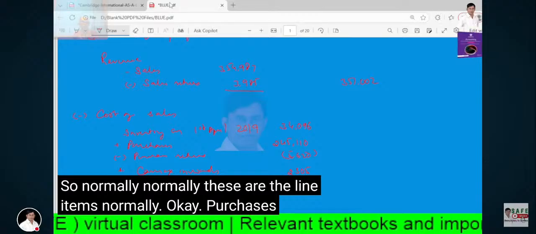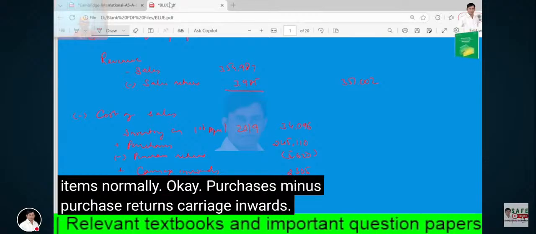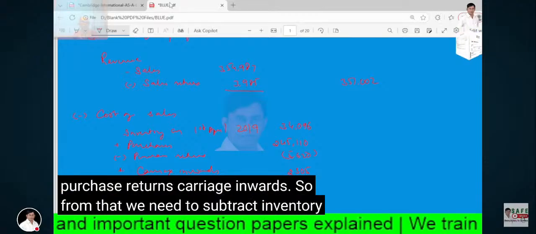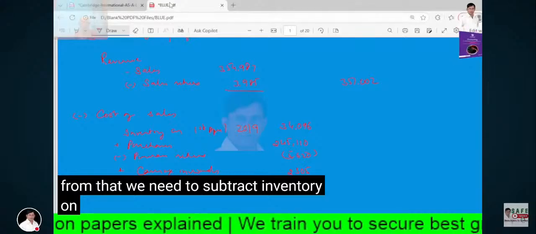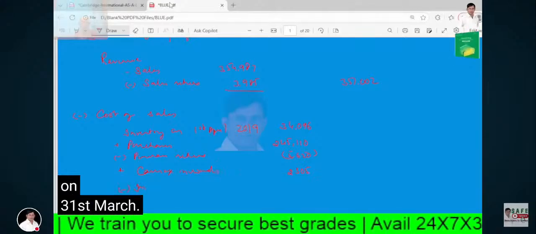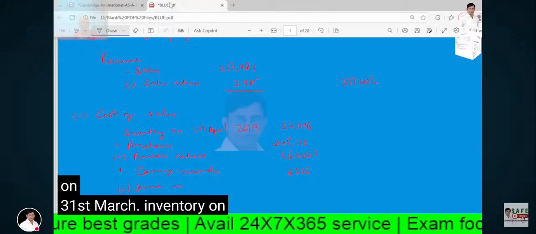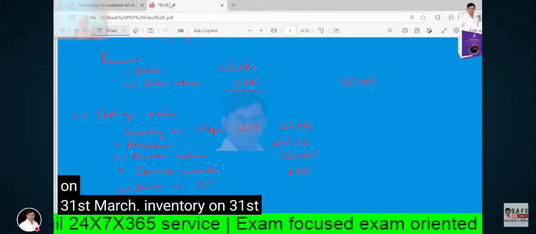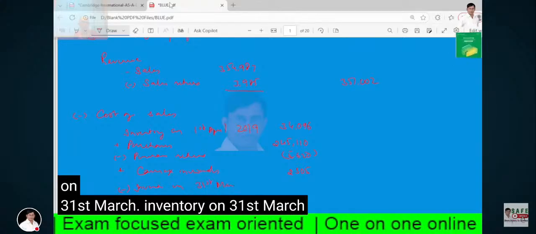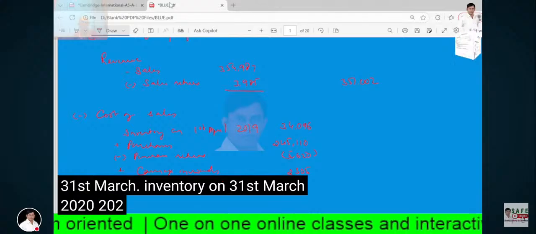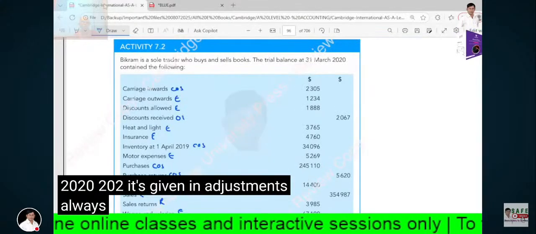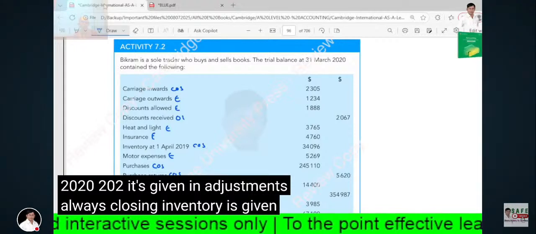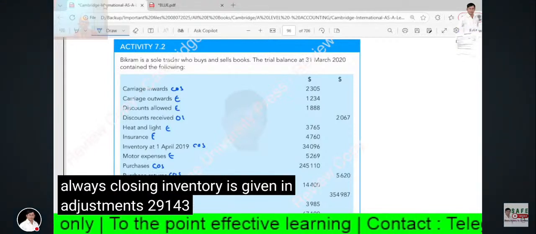Okay, purchases minus purchase returns, plus carriage inwards. From that we need to subtract inventory on 31st March 2020. It's given in adjustments. Always closing inventory is given in adjustments. 2914.